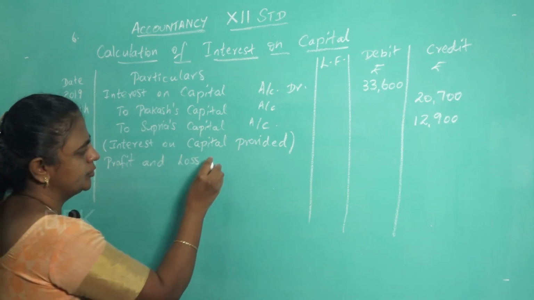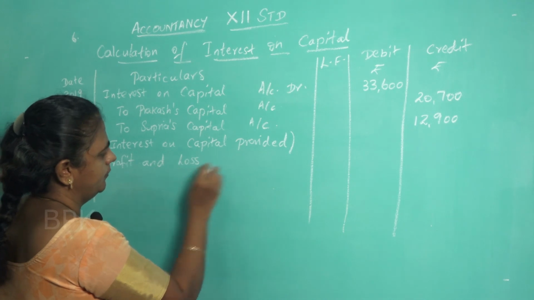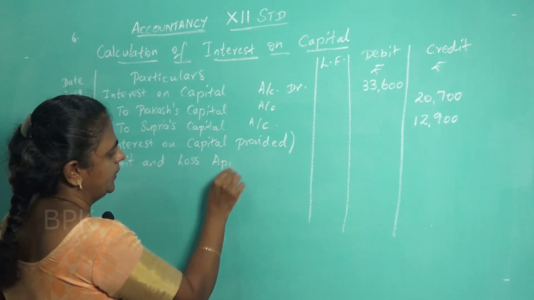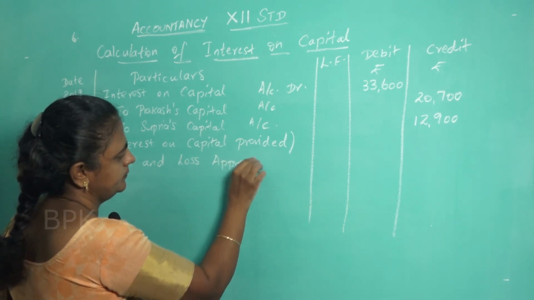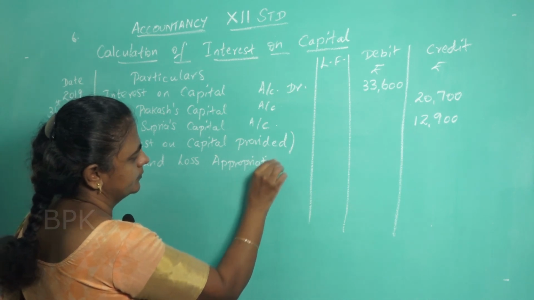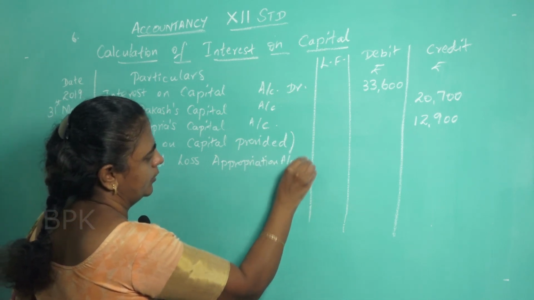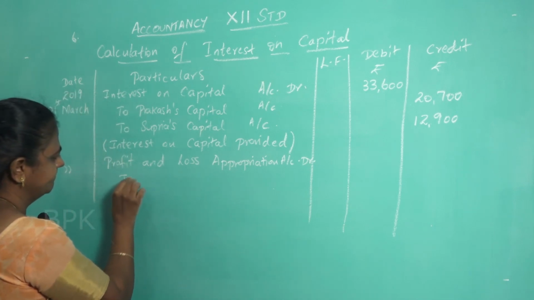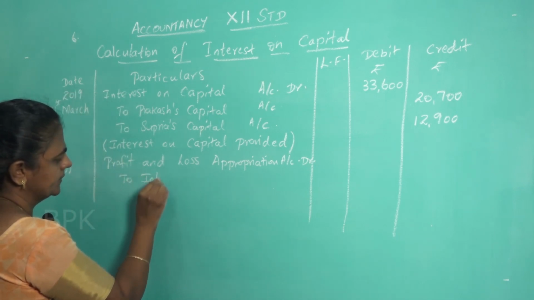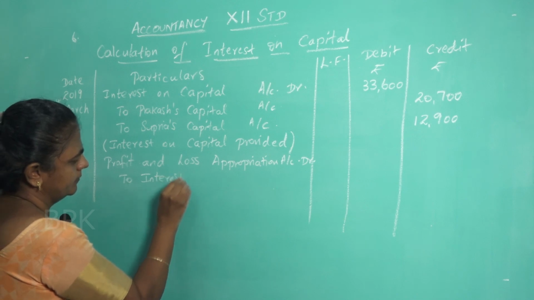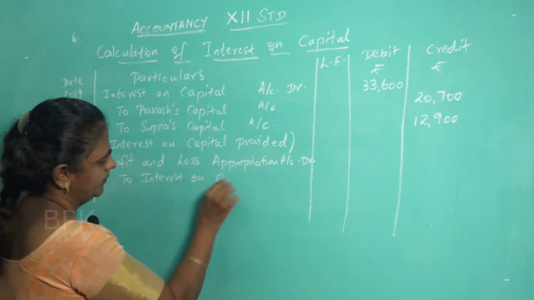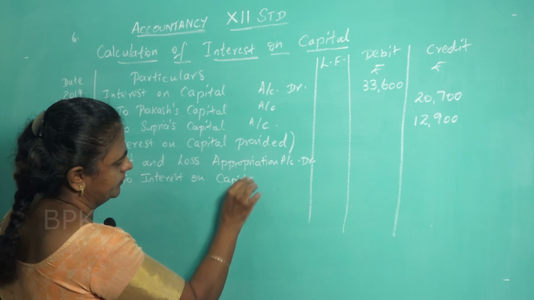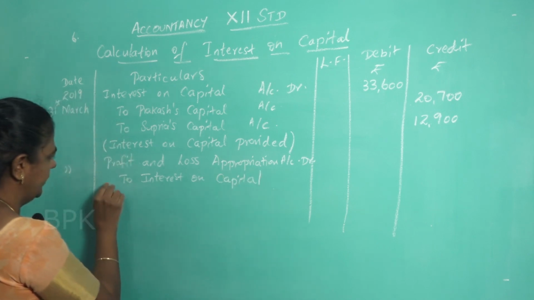It should be debited to profit and loss appropriation account. Okay.